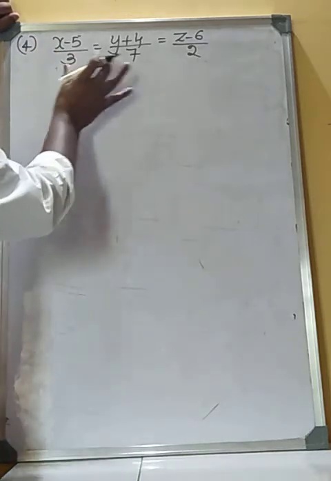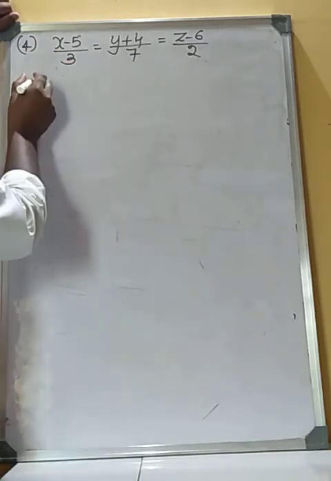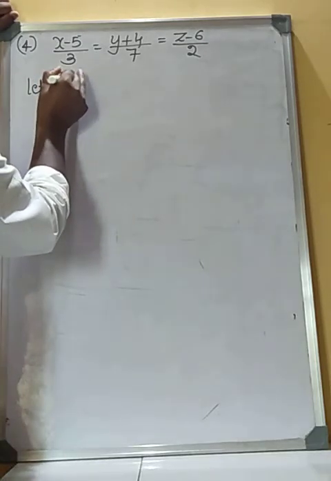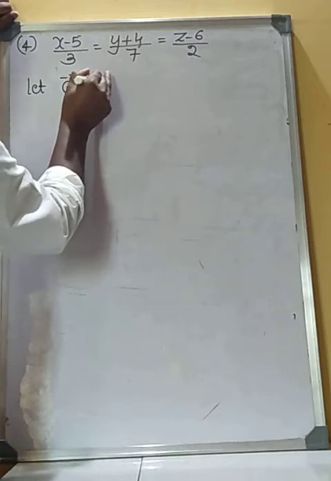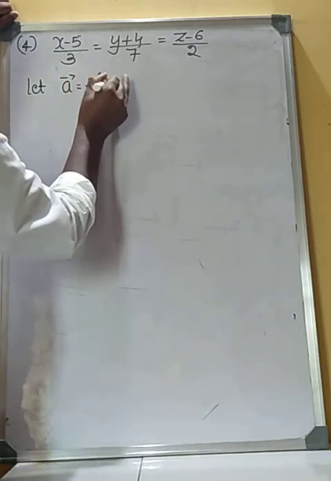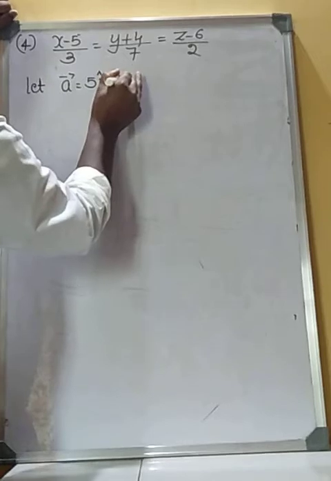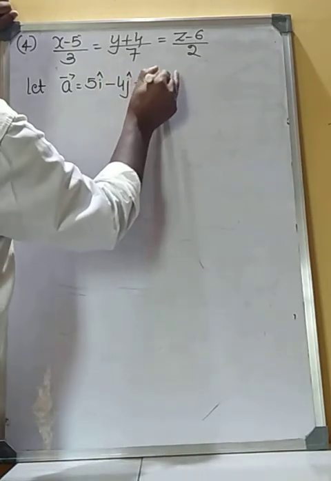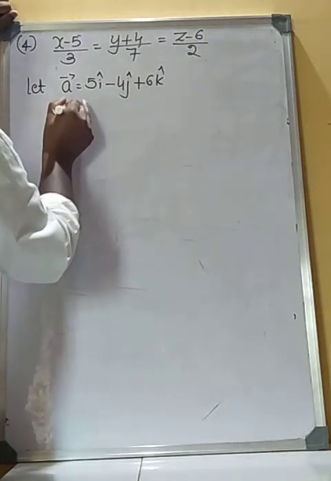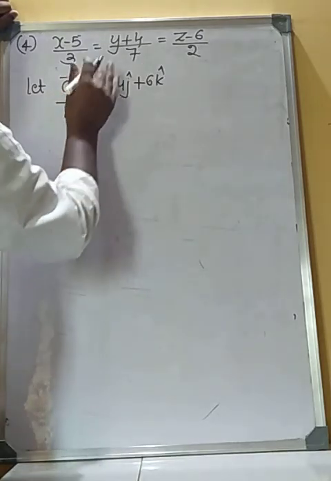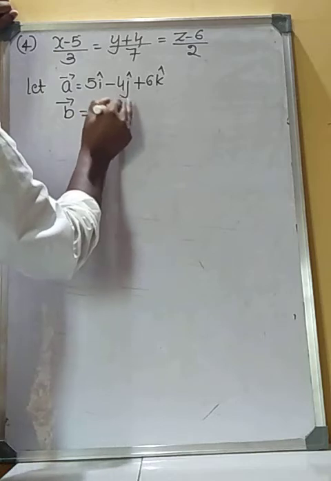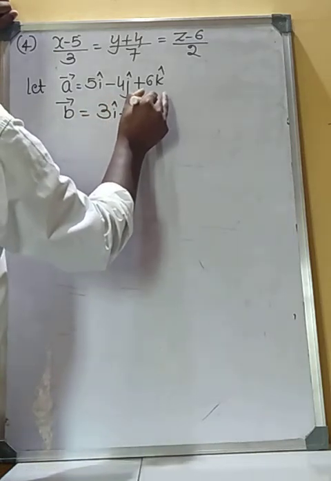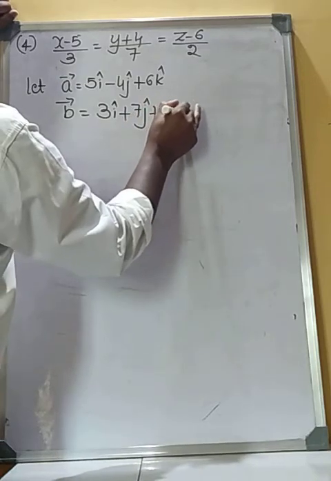Here in this Cartesian form of a line, let vector A equal 5i minus 4j plus 6k, and the direction ratios be 3i plus 7j plus 2k.